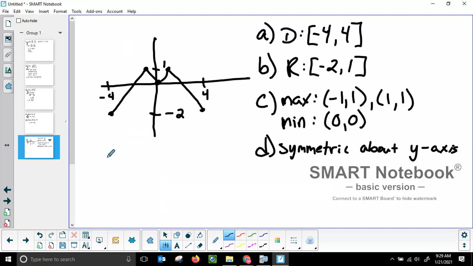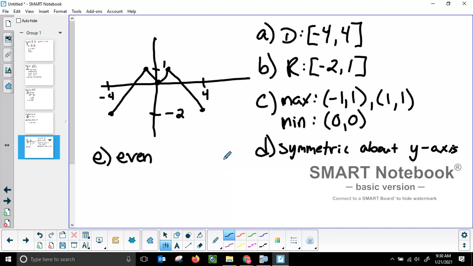All right, E, it wants to know whether the function is even, odd, or neither. A function is even if it's symmetric about the y-axis, which it is. So this is an even function. It's odd if it's symmetric about the origin, which we just discussed.